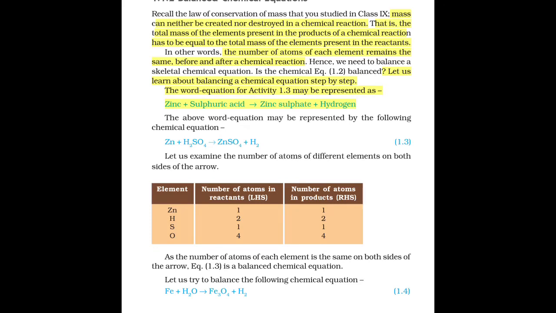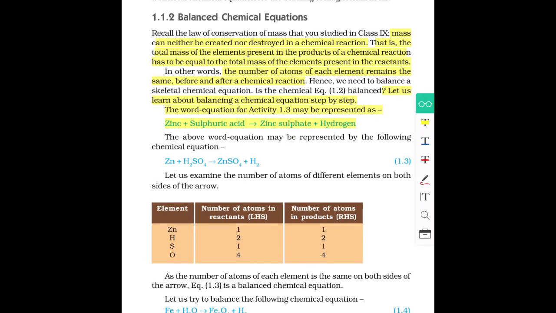So we can see that the number of atoms of all the elements participating in the equation is the same on both sides, and therefore it is a balanced chemical equation. As the number of atoms of each element is the same on both sides of the arrow, it is a balanced chemical equation.